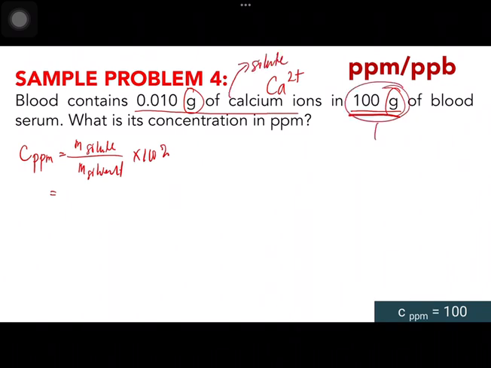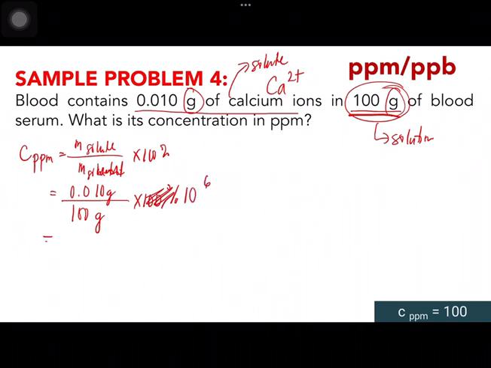The 100 grams of blood is your solution. So just input 0.010 grams over 100 grams times 10 to the 6.